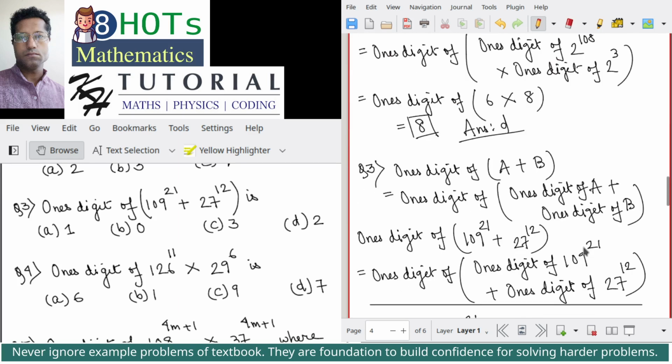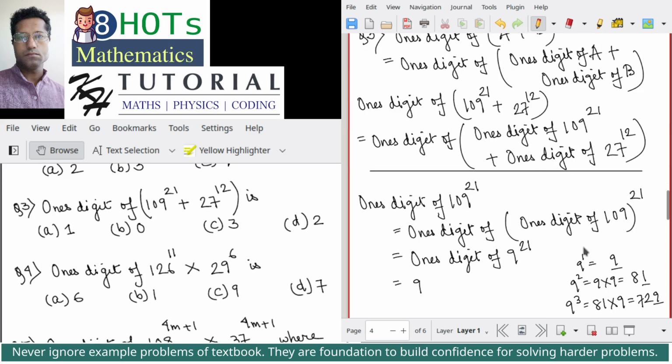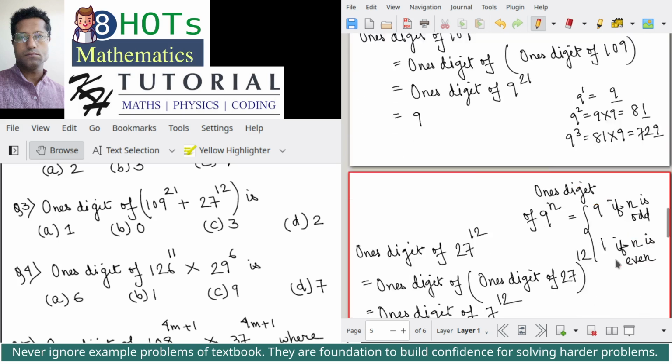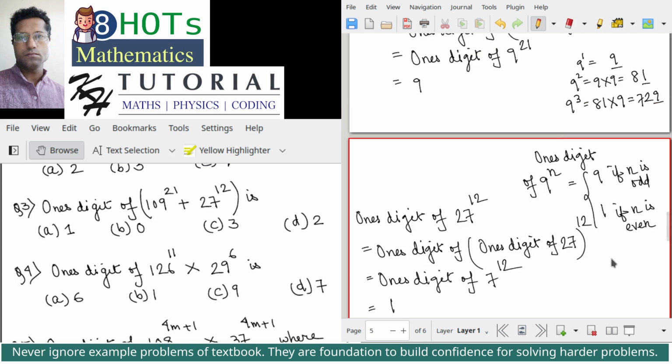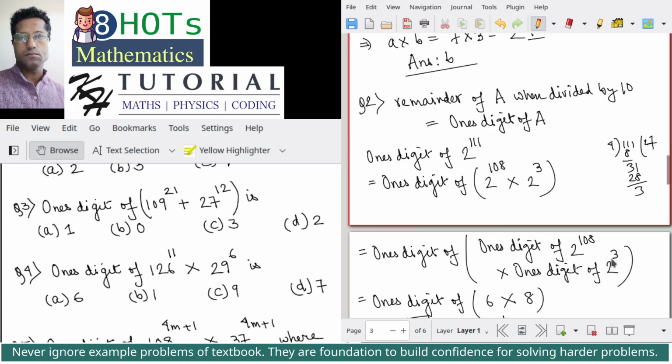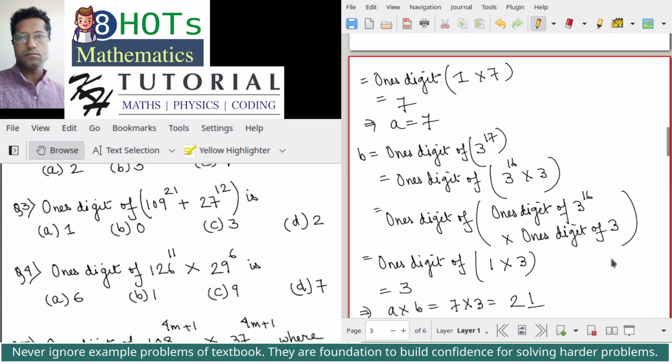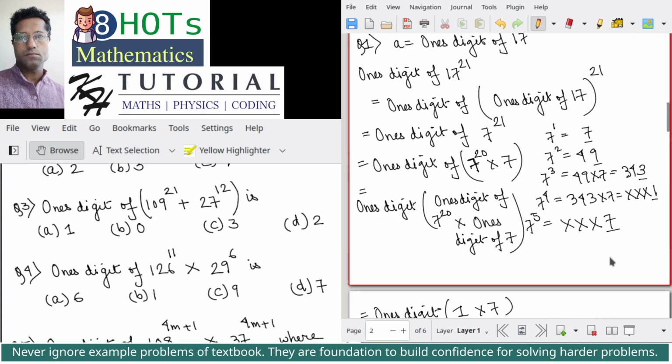But you must remember the patterns for the other digits, like 2, 4, 7, 3, 8. The concept is the same: identify the pattern, that is, after which power you get the same ones digit.